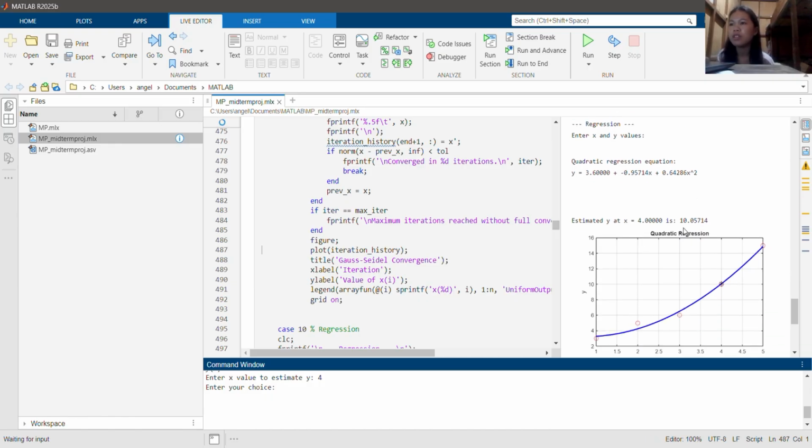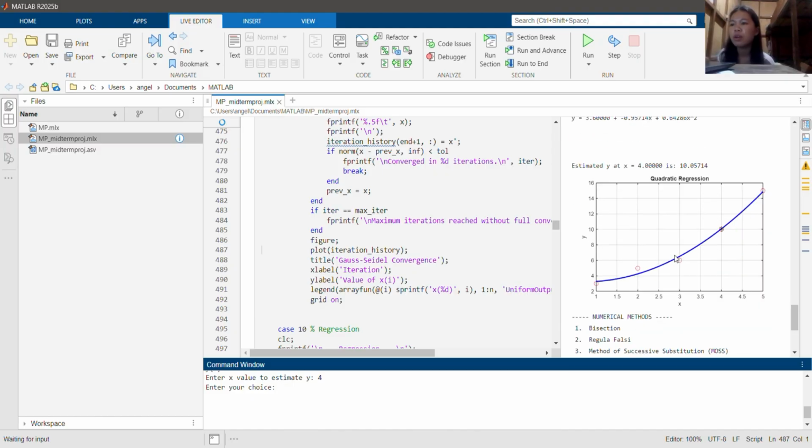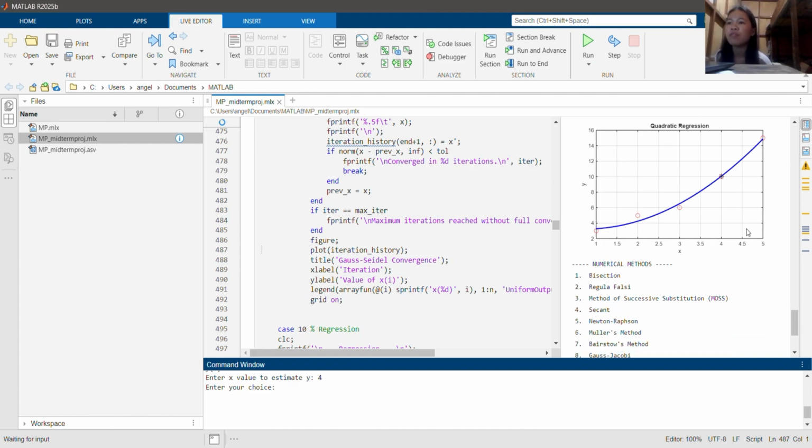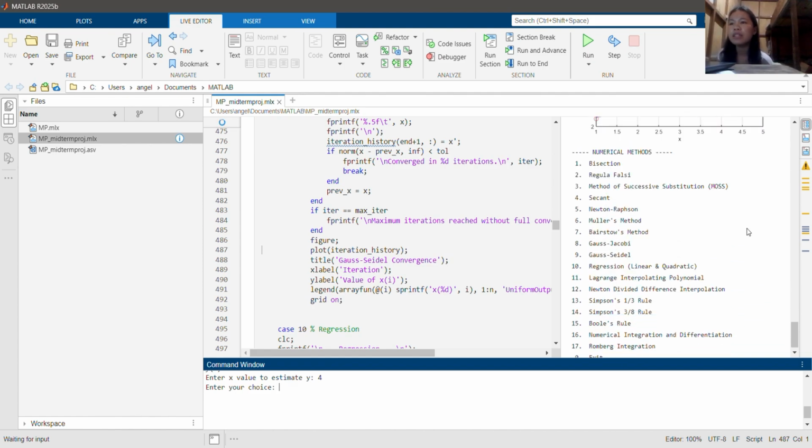So here is the result. The estimated y at x equals 4 is 10.05714, and below it is our quadratic regression graph.